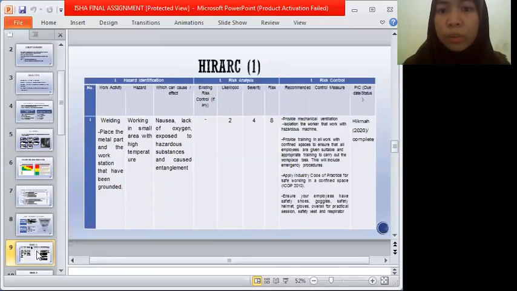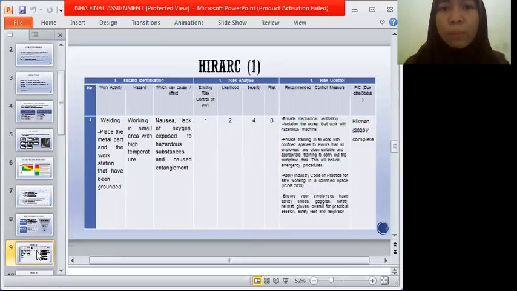The control measures that have been recommended are to provide mechanical ventilation, isolate the worker who works with hazardous machines, and provide training in all work with confined spaces to ensure that all employees are given suitable and appropriate training to carry out their workplace tasks. This will include emergency procedures, which is basic CPR.